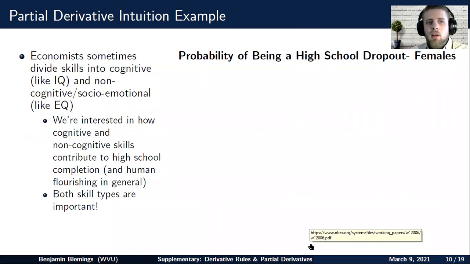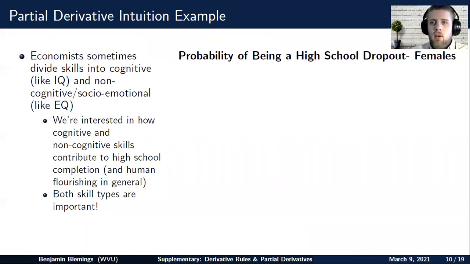All right, and so I want to give you a motivating example of partial derivatives from economics. So something economists are interested in is how your skill set affects your outcomes. And so a way we divide skills is into cognitive, like IQ, and into non-cognitive or socio-emotional, like EQ. That would be your soft skills, like communication and leadership and those kinds of things.